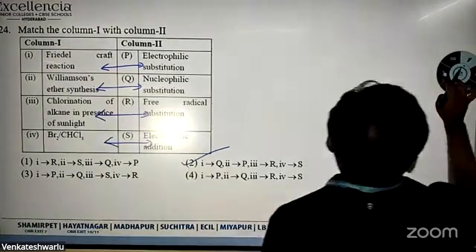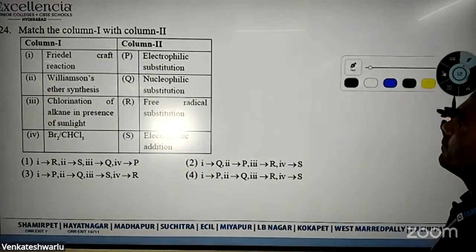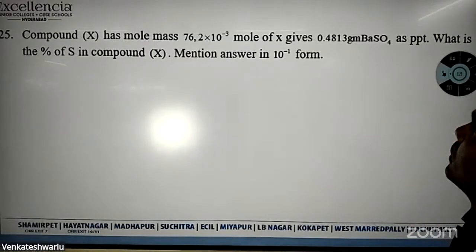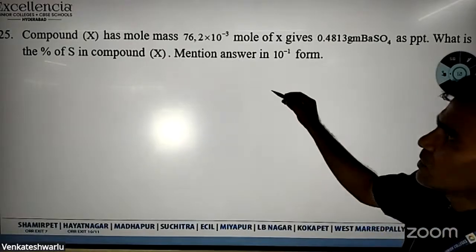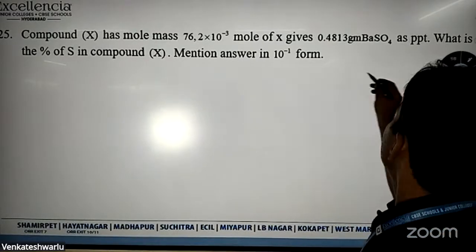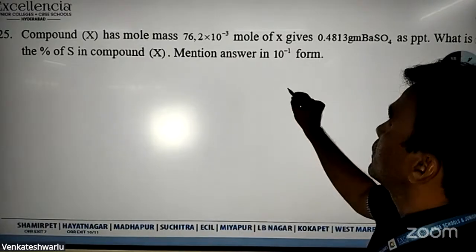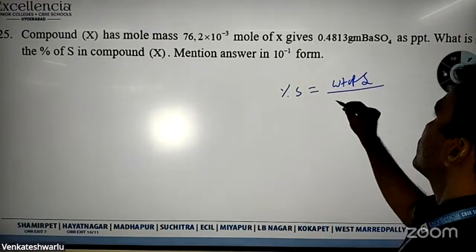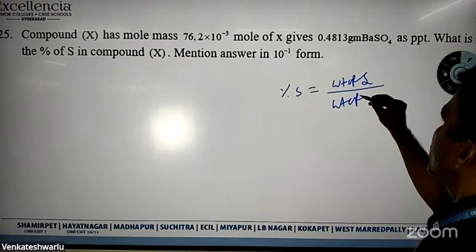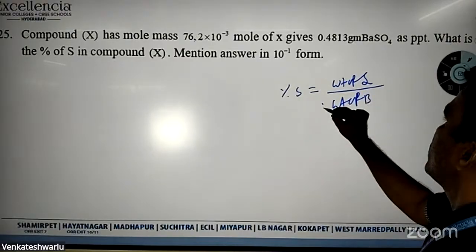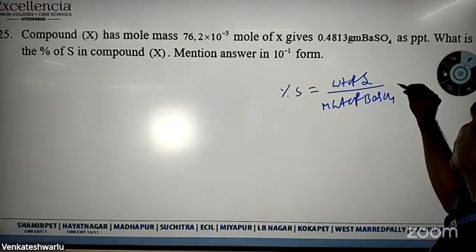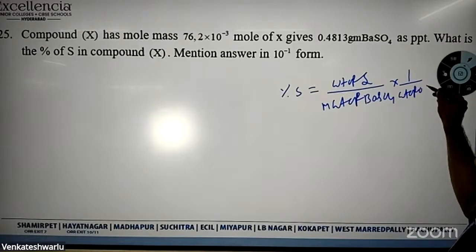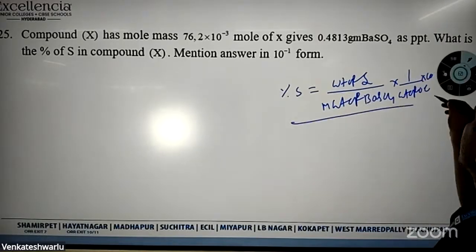It is also a very simple question. So this is from qualitative analysis. Percentage of sulfur is equal to the weight of the sulfur by the molecular weight of the BaSO4, into 1 by the weight of the organic compound, into 100.